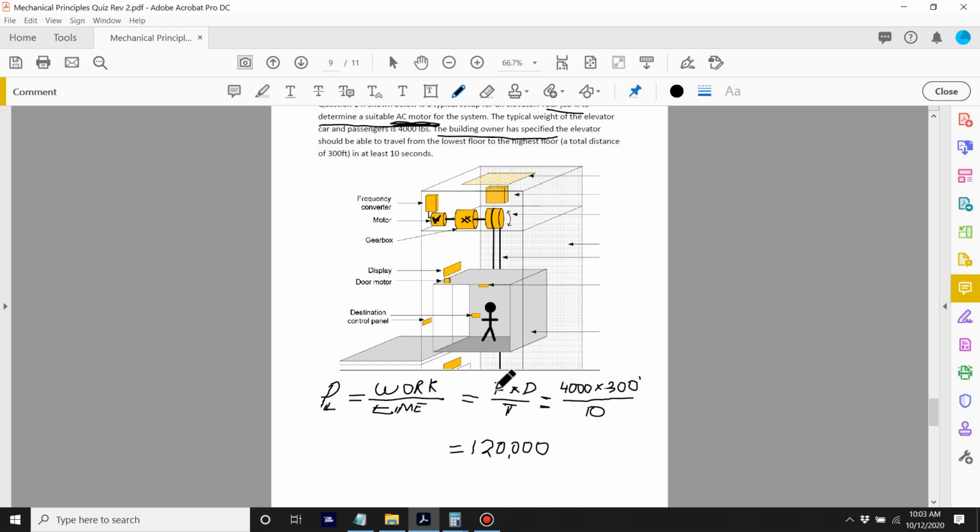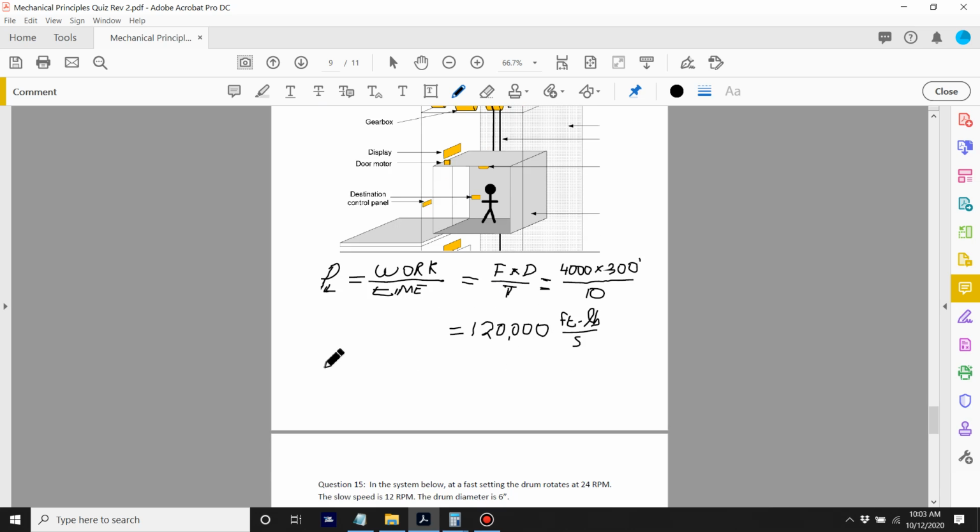Now the units, we take the units based on the actual equation. So this is foot-pounds a second. Now hopefully you remember from horsepower, this is a constant. 1 horsepower, HP, is equal to 550 foot-pounds a second.